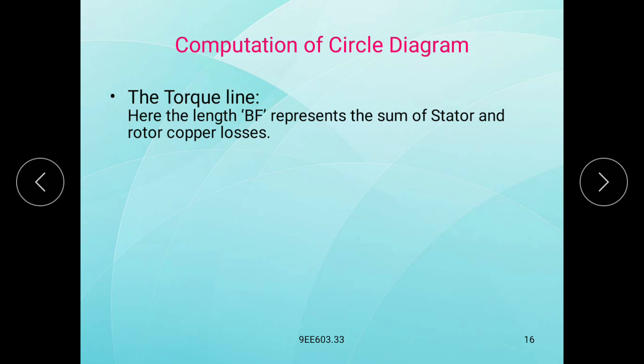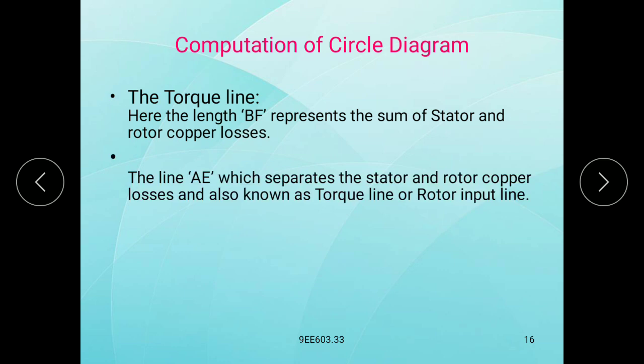In the torque line here, the length BF represents the sum of stator and rotor copper losses.